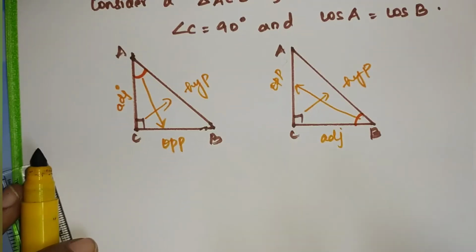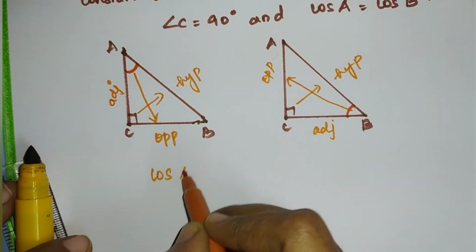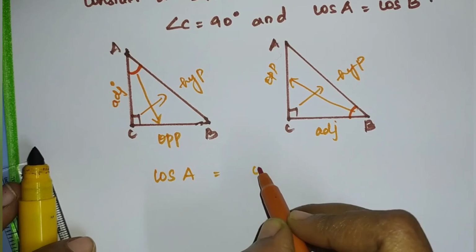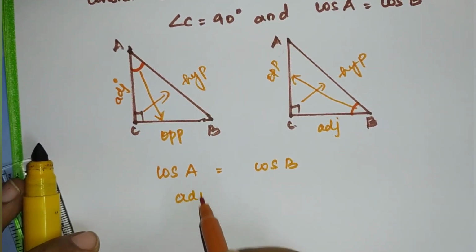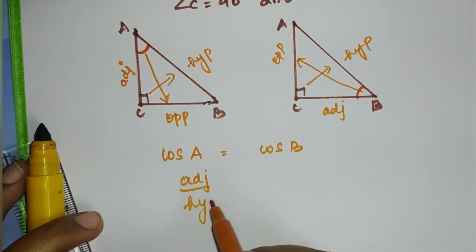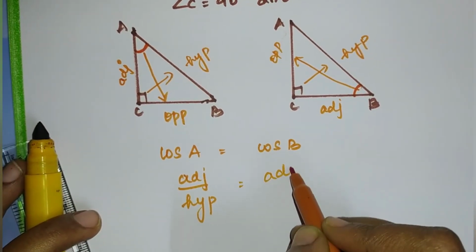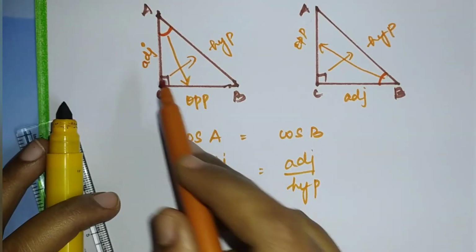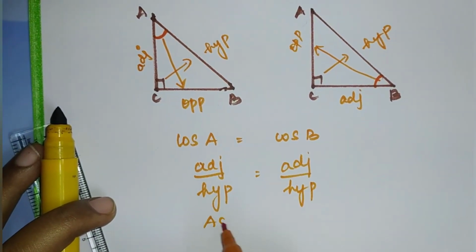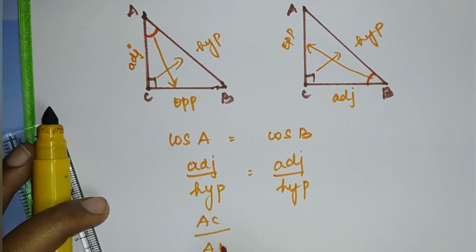Okay. So first write cos A is equal to cos B. Cos A formula is adjacent by hypotenuse. Adjacent is AC, divided by hypotenuse AB.